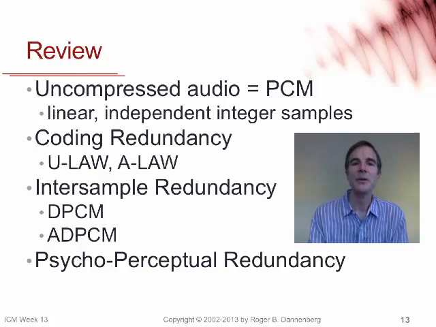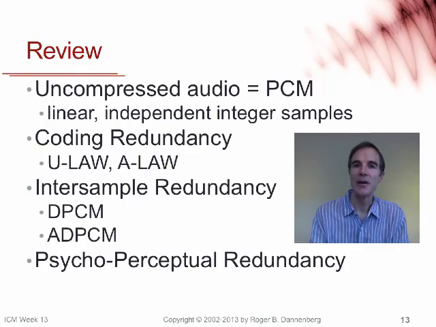Let's briefly review. We talked about uncompressed audio, which is PCM, or linear independent integer samples. We talked about different forms of data compression. The first was coding redundancy. And for example, mu-law and A-law are different, more compact representations of PCM samples.